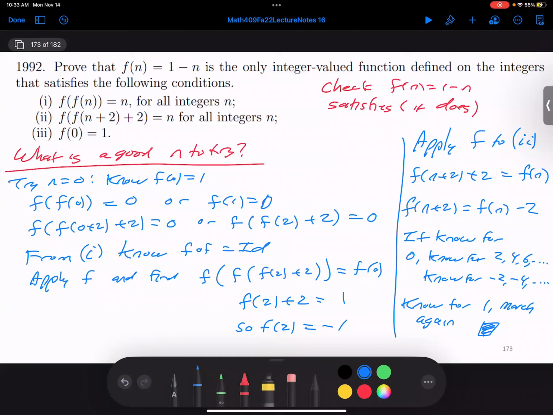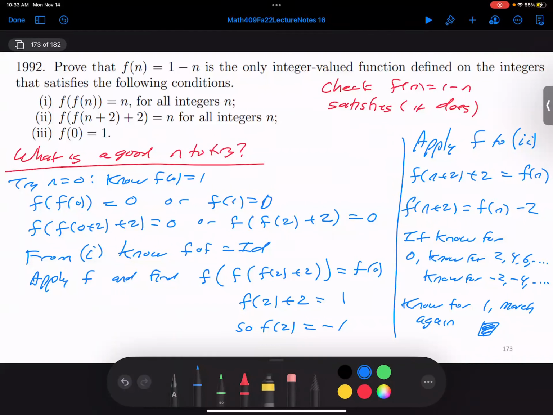But f of f of n is n, so if I take negative 2, f of 0 is 1, so I have f of 3. If I take f of both sides, I would get 3 equals f of negative 2. So now I would know the value at negative 2. And so maybe we can somehow get chains like that.